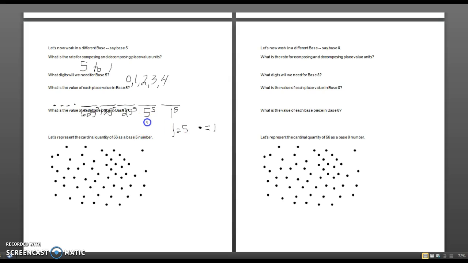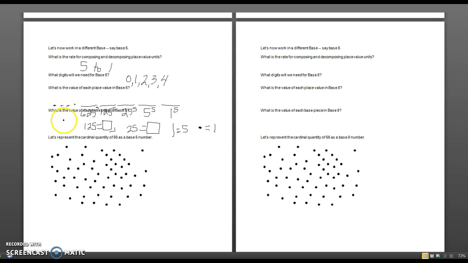Okay. When I draw a flat, my flat is equal to 25. And when I draw a shadow, or a block, that is 125. Right?